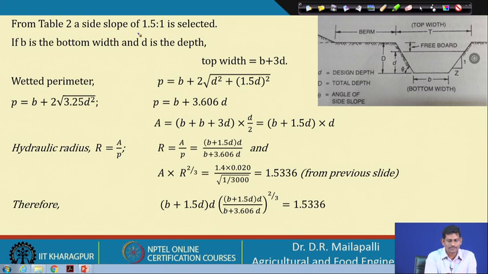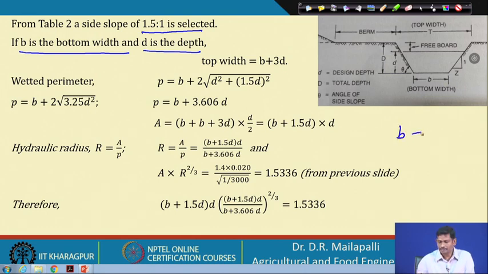Now, side slopes for these kinds of soils, alluvial soils, is 1.5:1. If B is the bottom width and D is the depth, the top width is equal to B plus 3D, because it is 1.5, so B plus 2 times 1.5 times D, that will be B plus 3D. And wetted perimeter P is equal to B plus the length of the sloping sides.